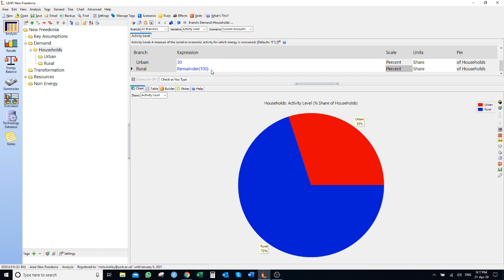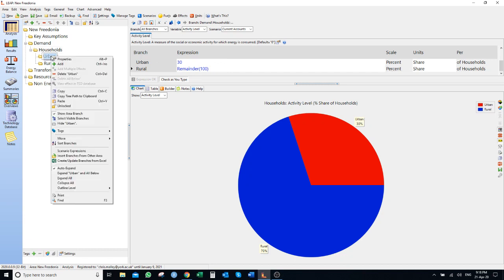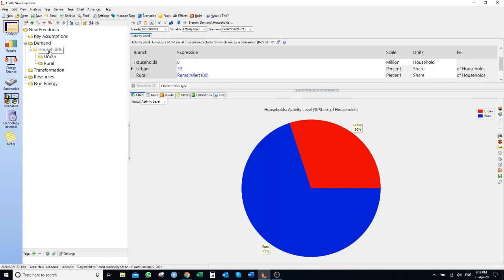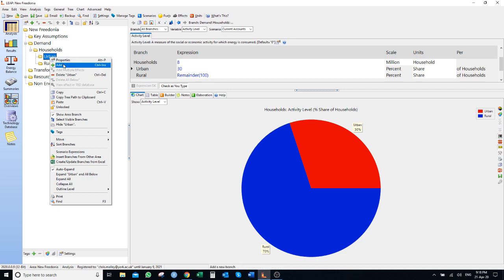So then I have information about urban households, and it says 30% of urban households use electric stoves for cooking. The remainder use natural gas. So now I've broken down my households into urban and rural areas. Now to get my energy consumption, I am going to split urban households into different activities that take place.